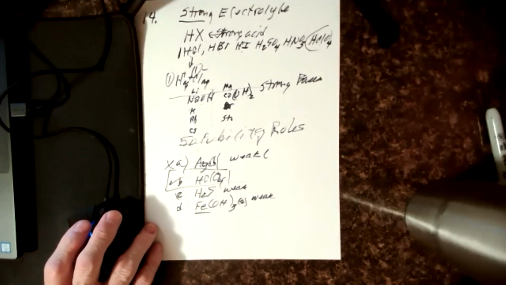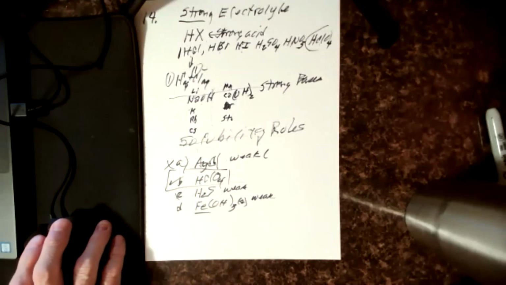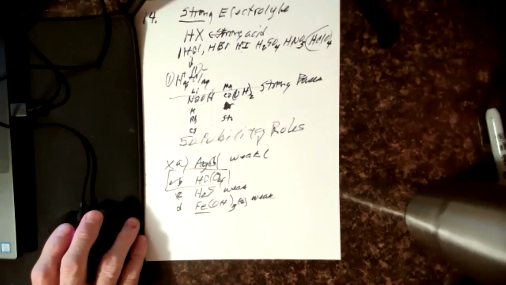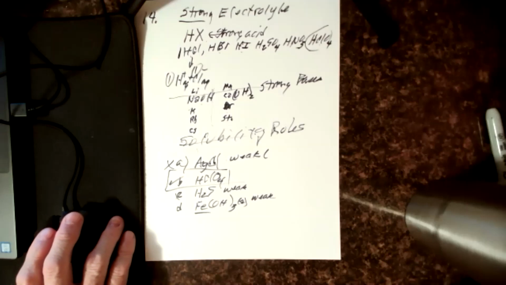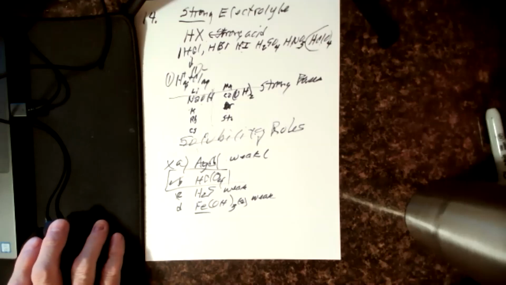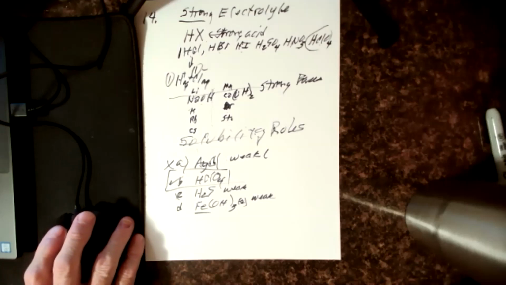On the activity series, copper, all of those down there are less than hydrogen, but copper is above silver. So no, that reaction will not happen going this direction. If it were going the other way, it would. Copper can displace silver because copper is more reactive than silver. So this reaction doesn't happen, but its reverse reaction does.